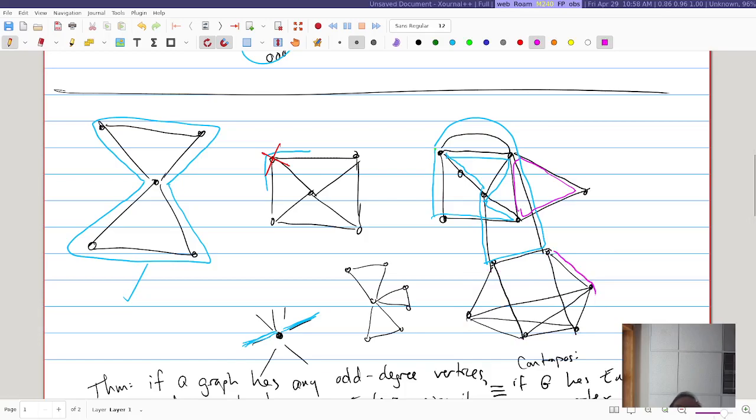I'm going to wander, just going around the graph. I can't use that edge. I already used that edge.